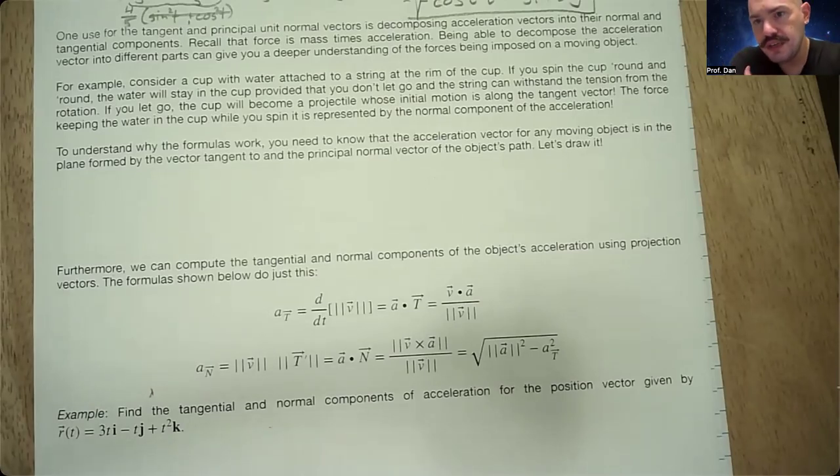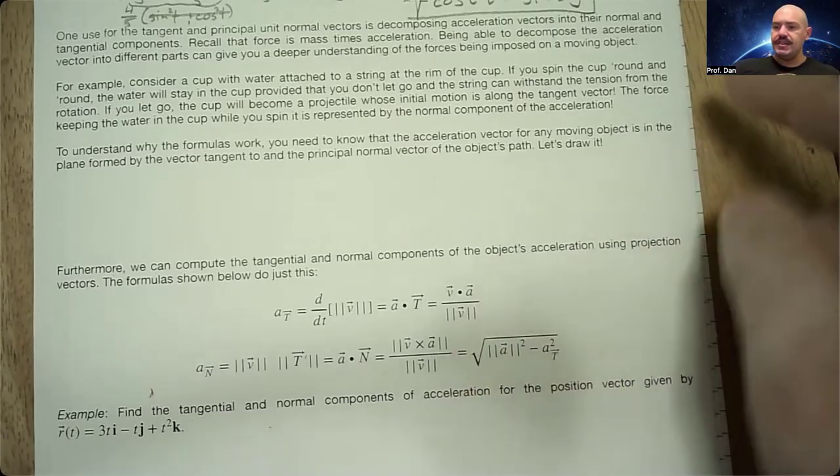This can definitely be helpful because, remember what I said earlier, acceleration is something we tend to fixate on because it's used in the calculation of a force. Force is mass times acceleration. If I can decompose my acceleration into tangential and normal components, then that allows me to find magnitudes or even values for different forces that combine to make a force.